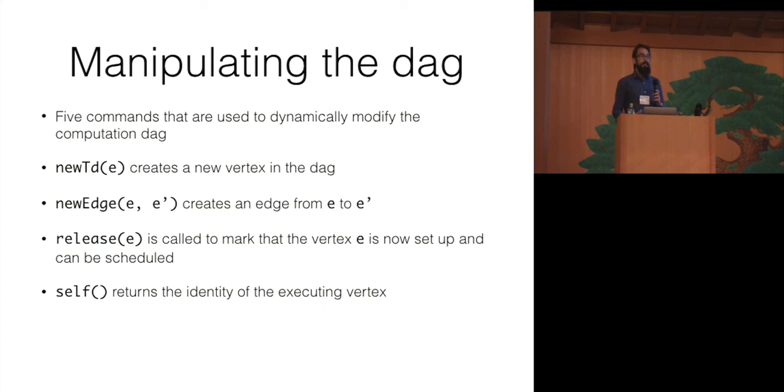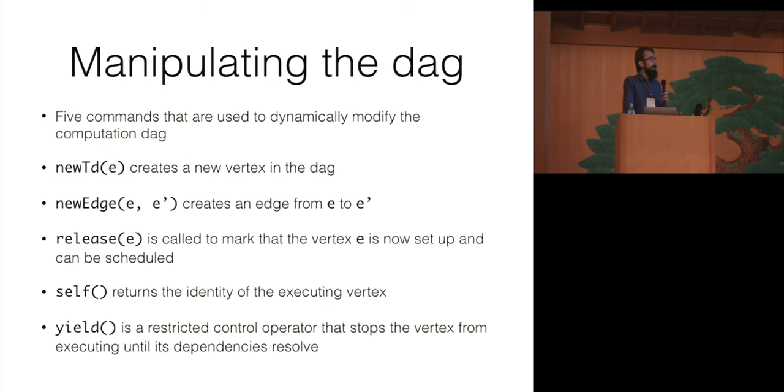And this is a sort of control effect. And in order to make it work in the calculus, we introduce a yield function, which basically deschedules the thread that executes it. So basically, the vertex stops executing and checks whether it has any incoming edges.